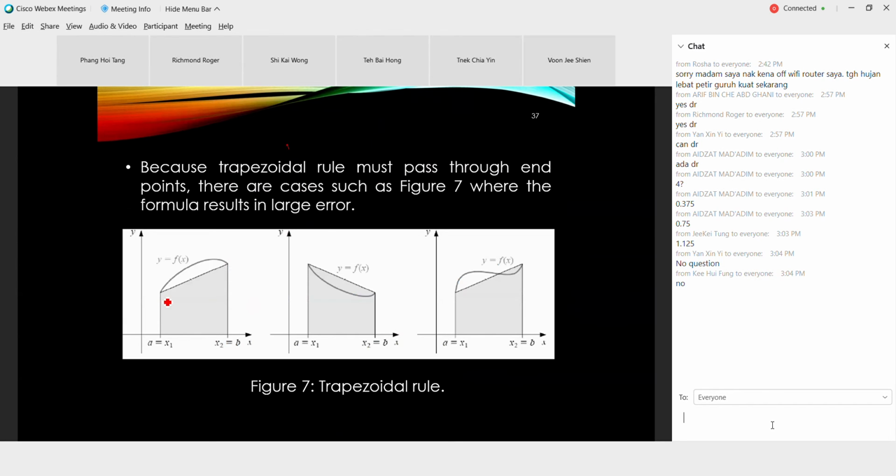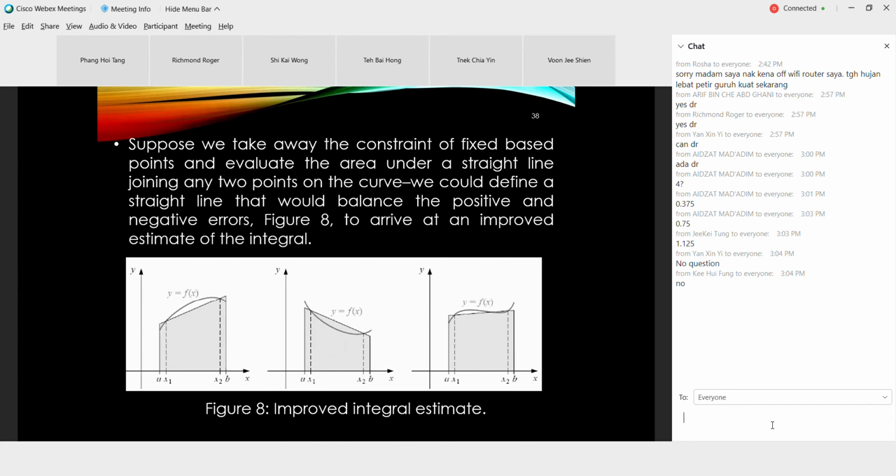If we use trapezoidal like this, this is an underestimate. If you use trapezoidal over this line, this is an overestimate. If we use a polynomial like this, we also have underestimation of the integral value.